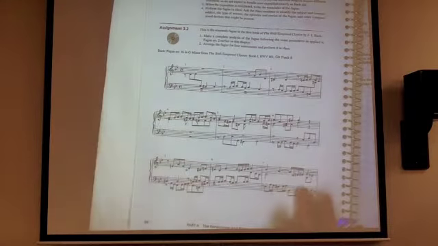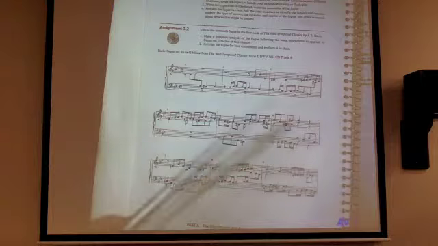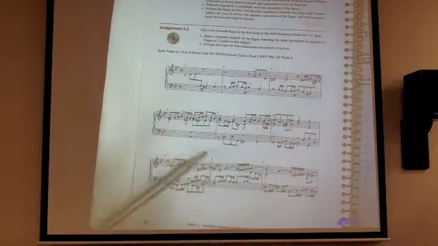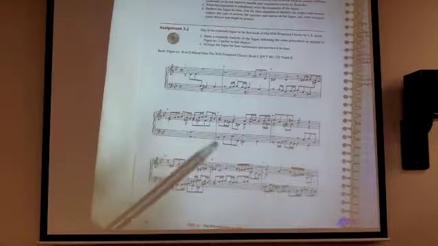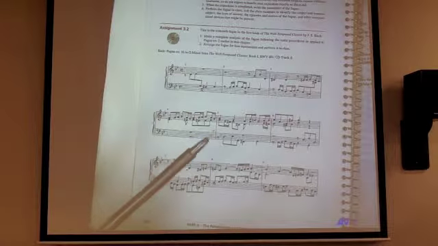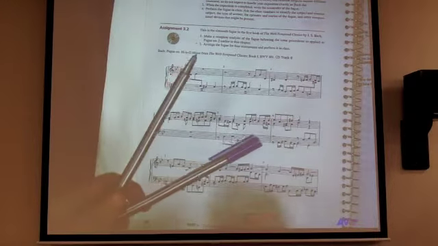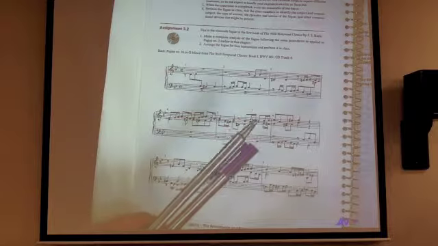And then the other thing I'm going to do is have you do, because it's a very dense thing, the same thing we did for the Bach invention. We're going to take multiple colors, and you just need 3.